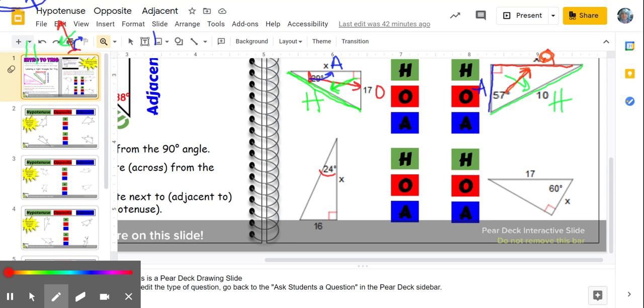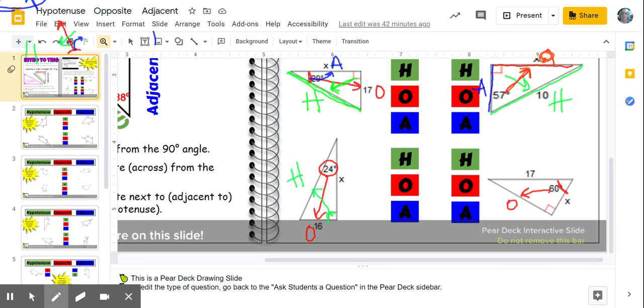So if I start at the 24 and I look to the opposite side, that's the O. If I start at the 60 and I go to the opposite side, that's the O. If I start at the right angle and I go to the opposite side, that's always the H. And then the other side is always the A.